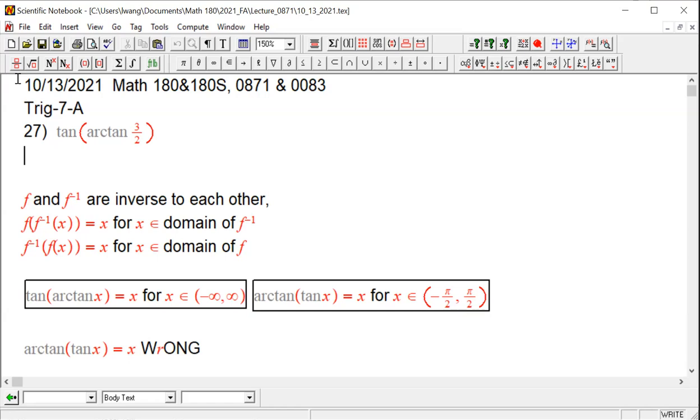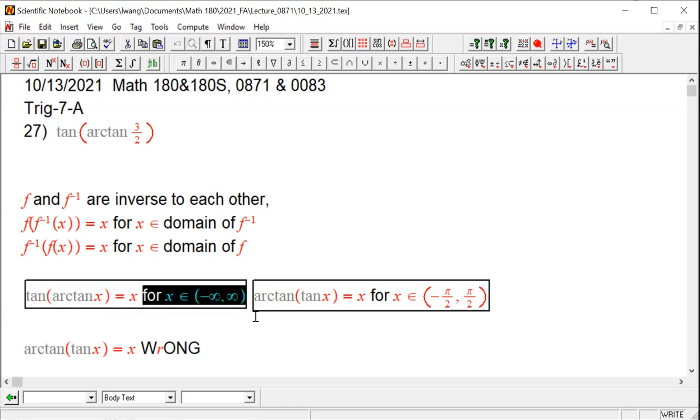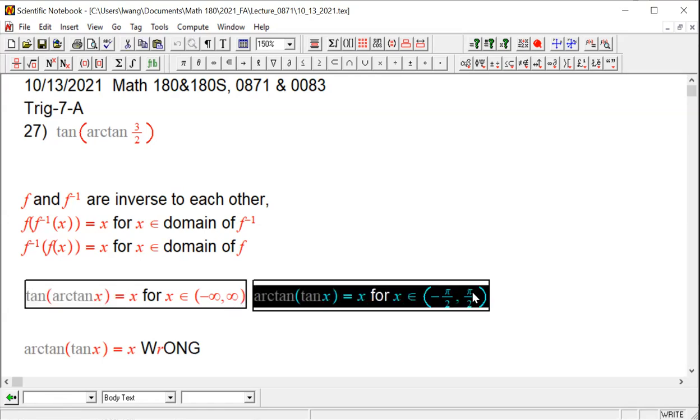If you understand the process, this first statement, even though we have this 4, is unconditional. Are you guys with me? This statement is unconditional because it's true for any real number. This statement is conditional.